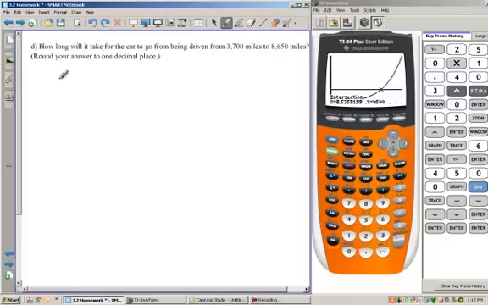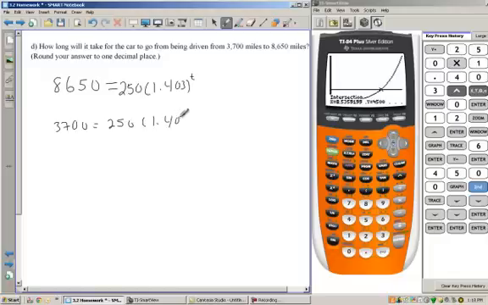So the idea is first solve this equation, 8,650. That's mileage, that's distance, so it goes in for D is equal to 250 times 1.403 to the t. So find that t value, and then find the t value that will give us this: 3,700 equals 250 times 1.403 to the t.